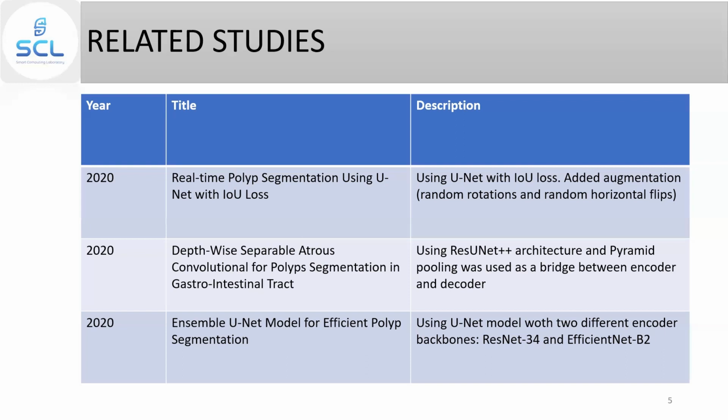The last paper I will talk about is the Ensemble UNet model for efficient polyp segmentation. This paper uses the UNet model with two different encoder checkpoints, ResNet34 and EfficientNet B2.